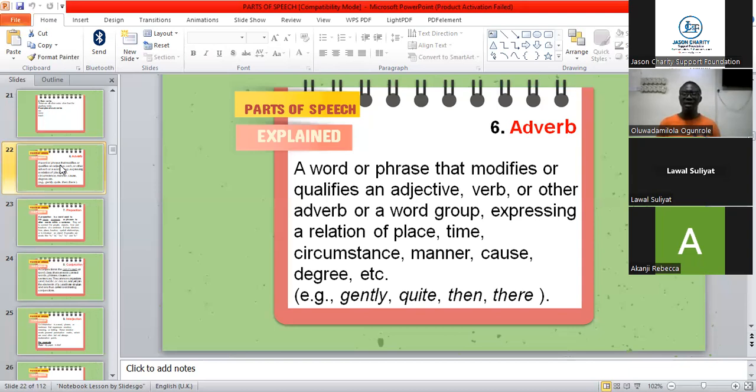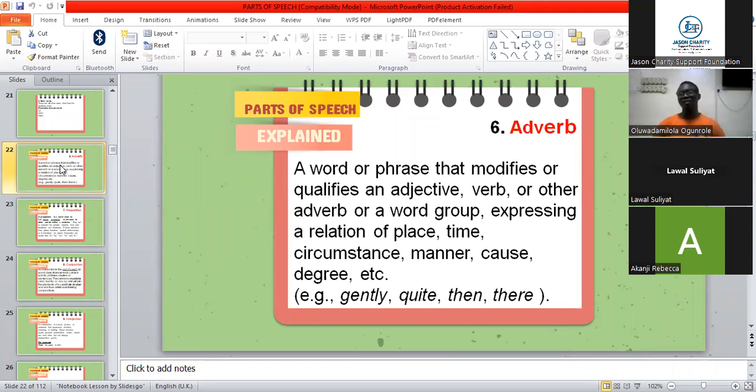I can say she walks beautifully. But saying she walks gracefully, beautifully, gracefully there is trying to modify or appreciate the adverb beautifully. So that is how you use them.